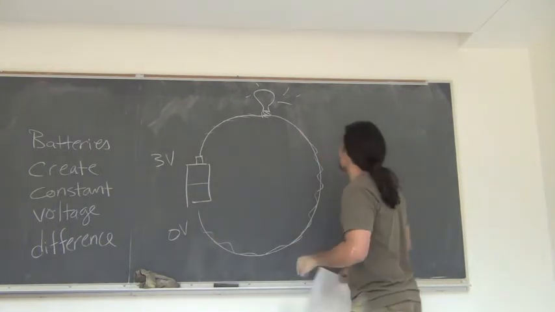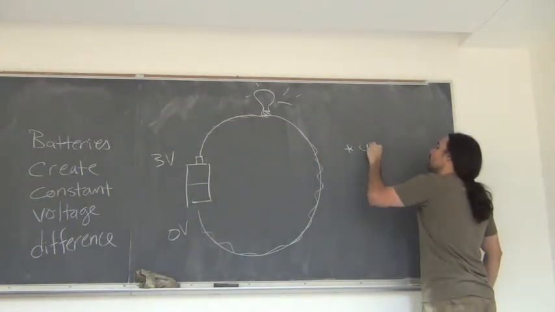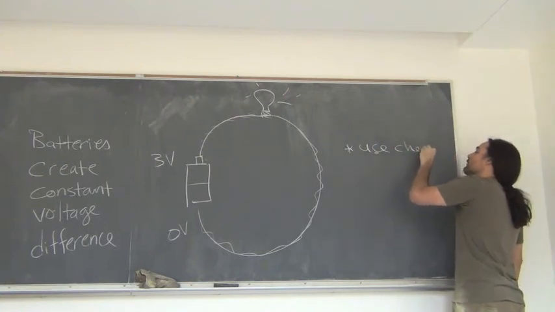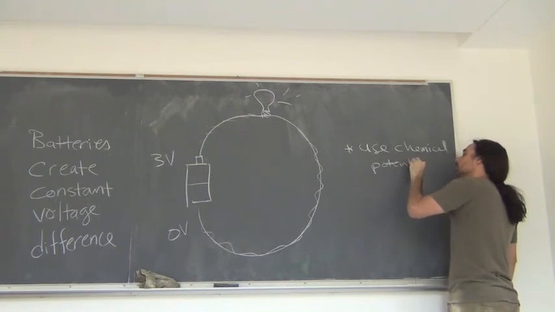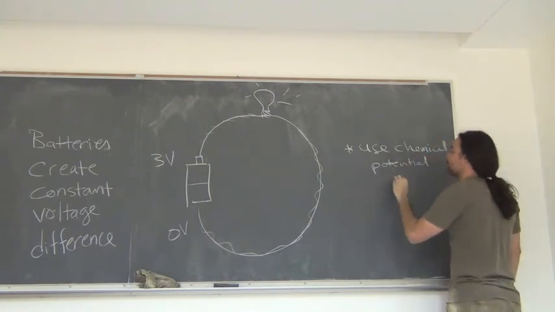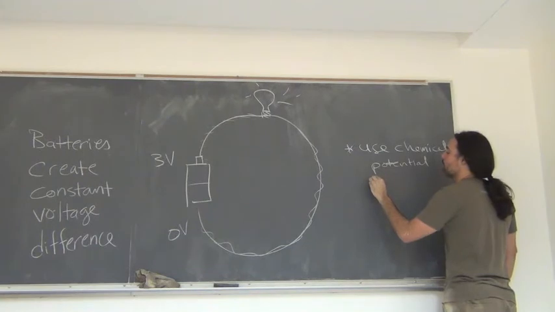The reason is because we're using some chemical potential difference inside the battery to generate that electric potential difference, that 3 volts.